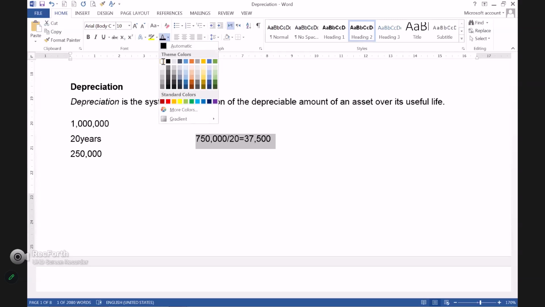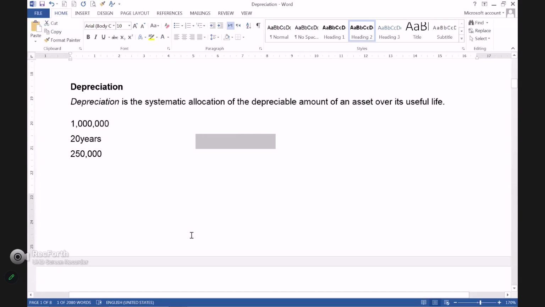It means you have to allocate the amount for each year. For example, this is the cost of the machinery, 1 million. Useful life, 20 years. This is the scrap value, residual value, 250,000.